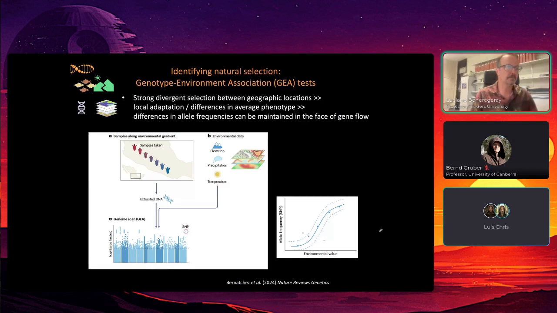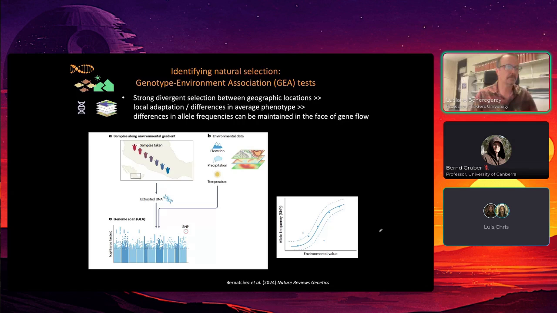In landscape genomics, most of the studies will use genotype-environment association tests in addition to or instead of outlier tests to identify natural selection. The idea here is quite simple.